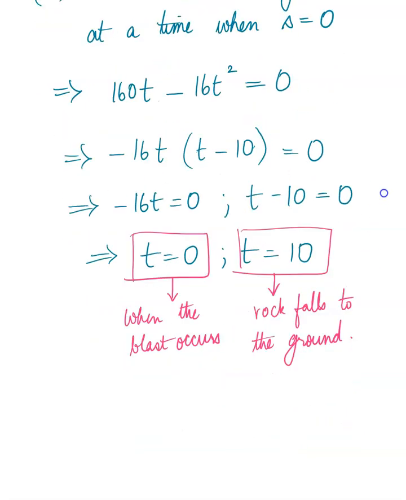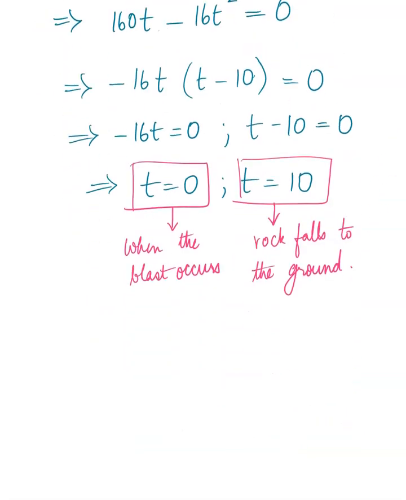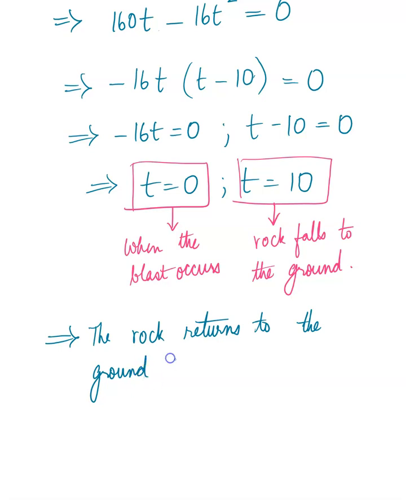So then, although I have two t answers, I will choose the one that makes sense for this section, part D, which says the rock returns to the ground ten seconds after the blast.